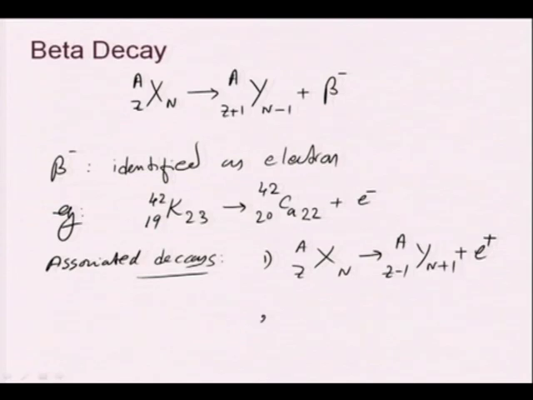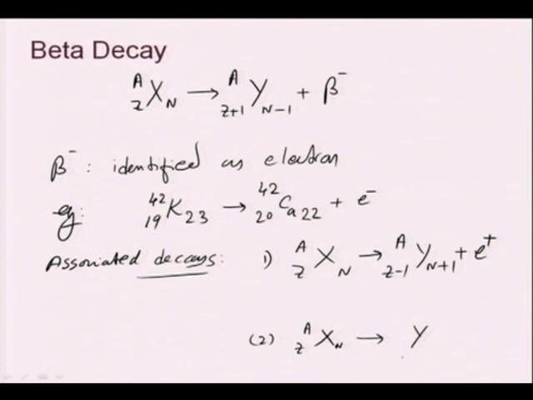Another thing that can happen is, again, X with Z number of protons and n number of neutrons can actually capture one of the electrons in the atom. The nucleus, although we are talking about nucleus and the transformation of the nucleus, this is all within the atoms.